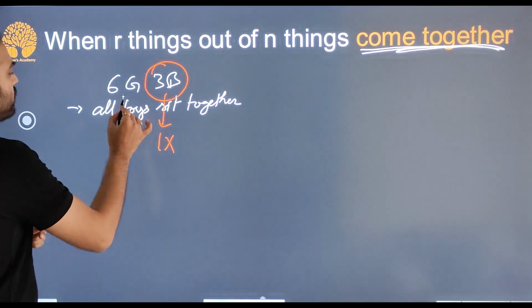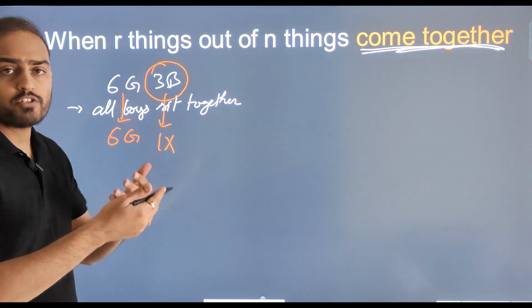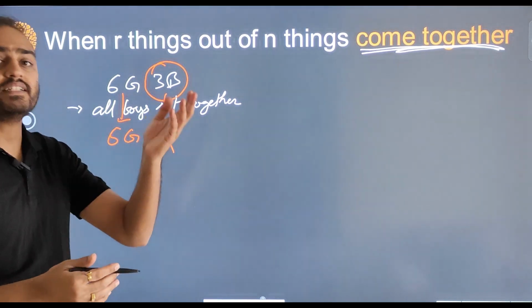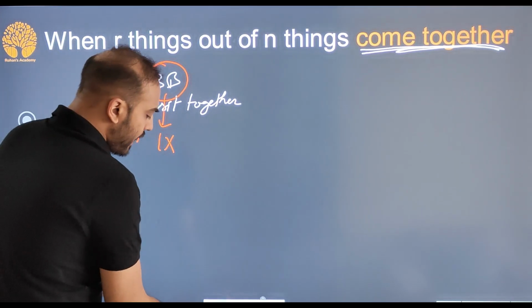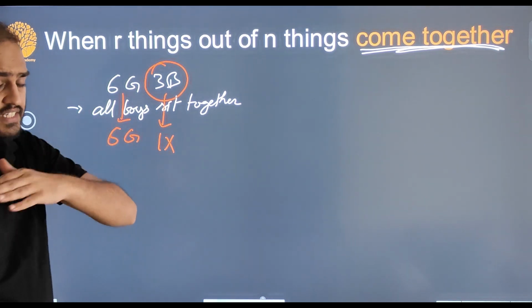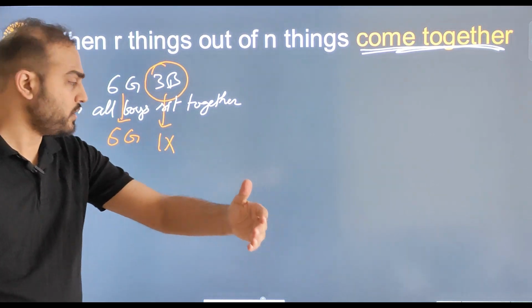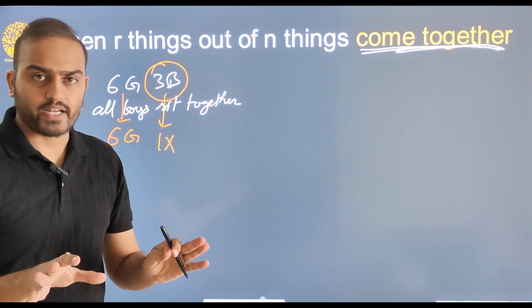And the girls, they'll be 6 girls itself, because they are all individual, they are all separate, they don't have any problem, they can sit anywhere, right? So now I have 6 girls and 1 X. The X is for all the 3 boys combined.